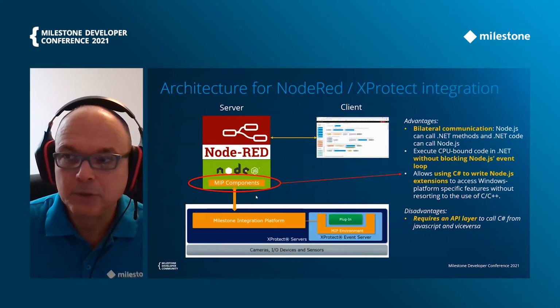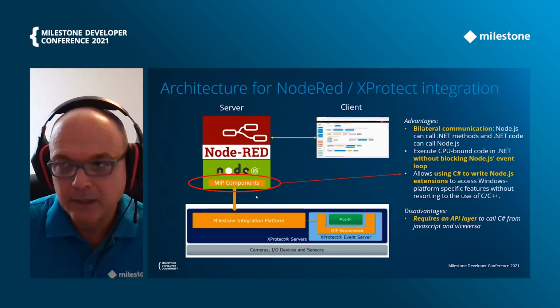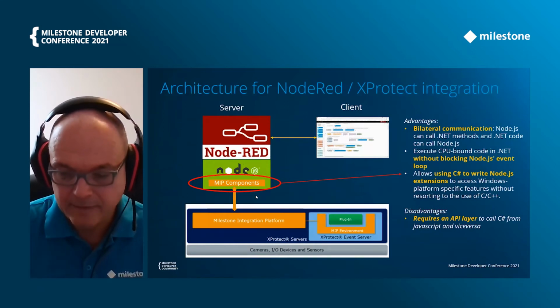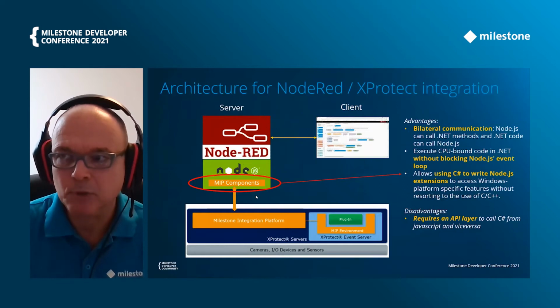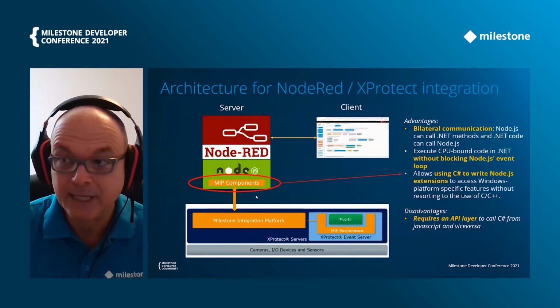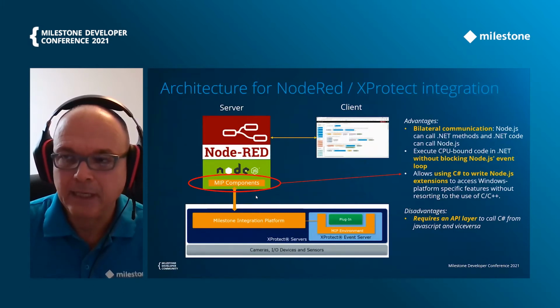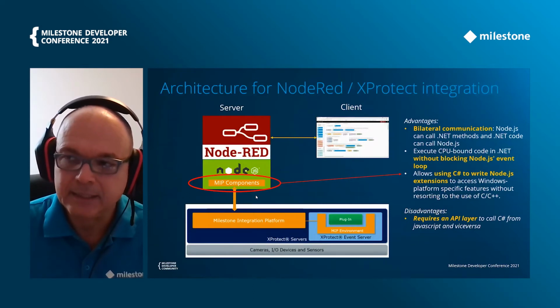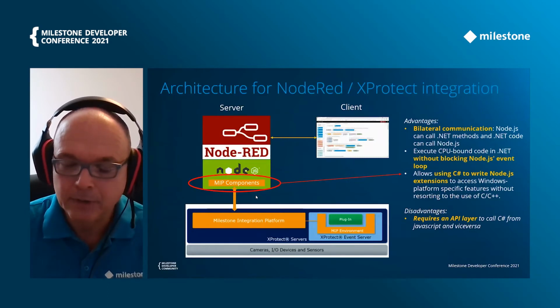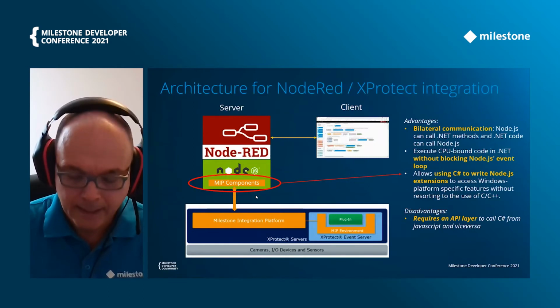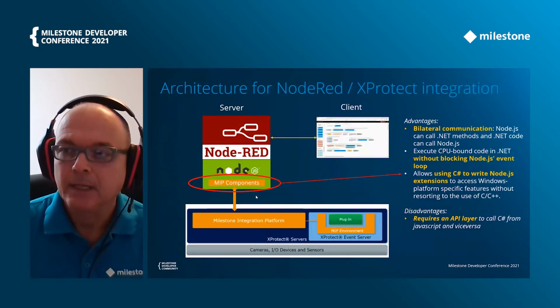It would be very good if we could be effective by using, for instance, CPU-bound code in .NET without blocking the Node.js event loop. And also, it could be good if we could write Node.js extensions by leveraging the power of the Windows platform by using .NET.